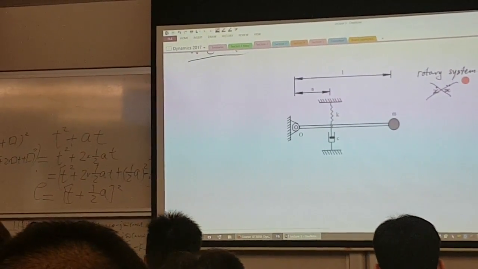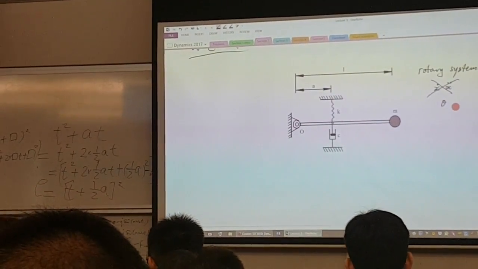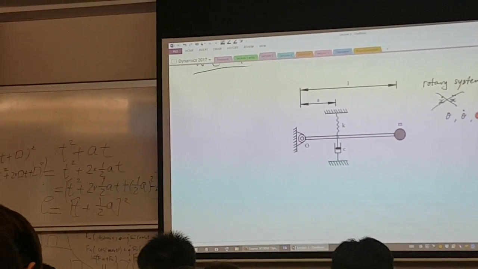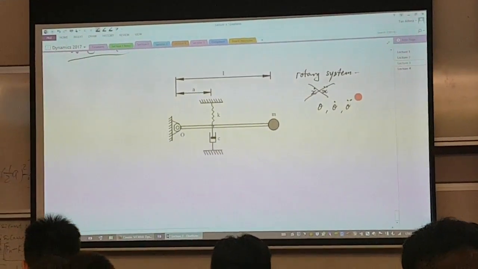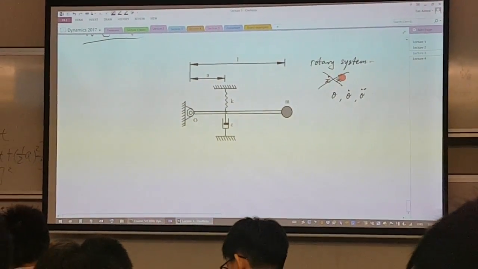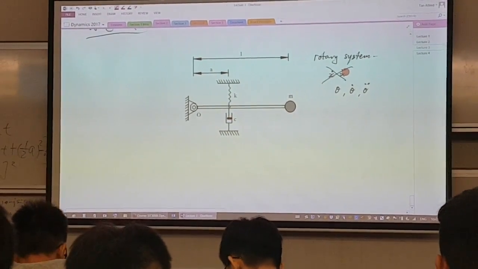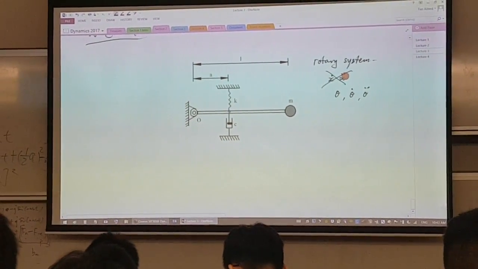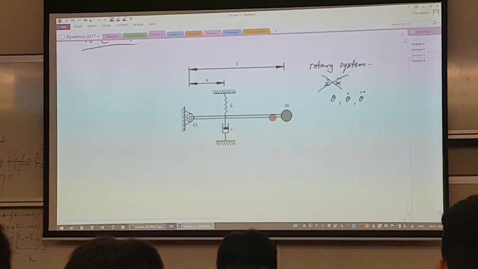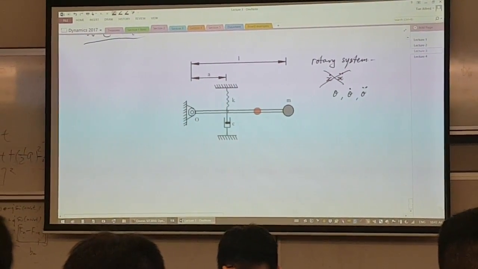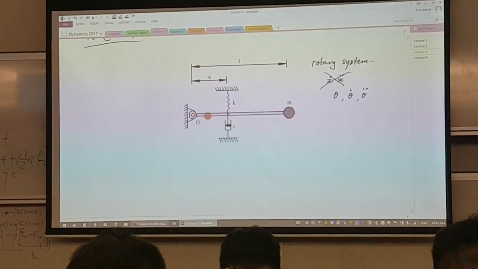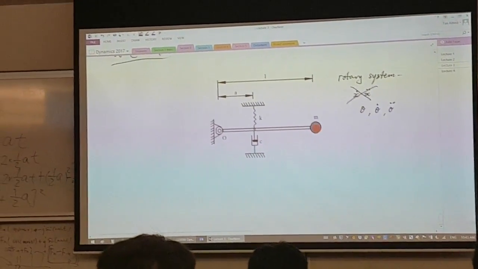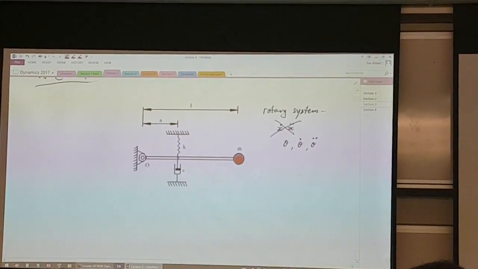If it's a rotary system, you should be saying theta, theta dot, theta dot dot.